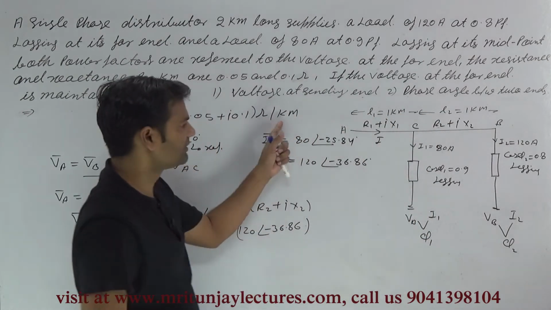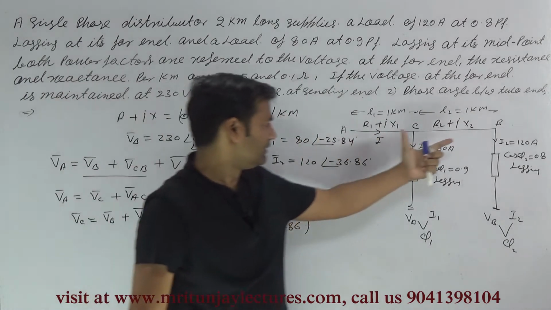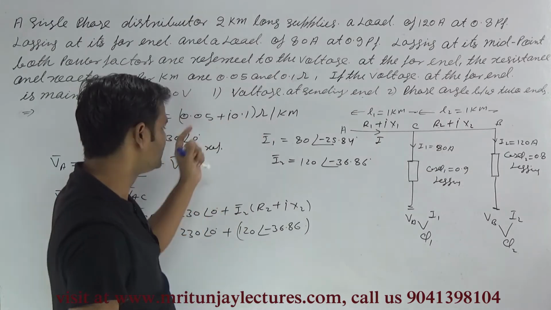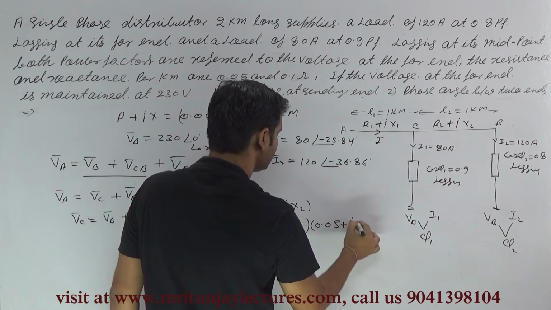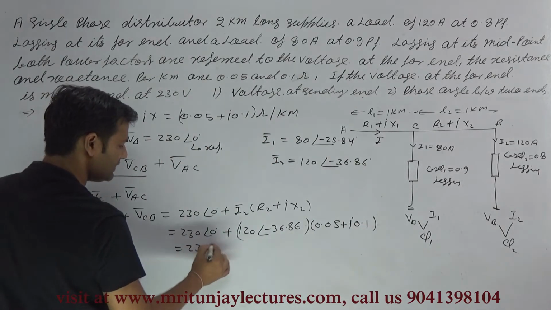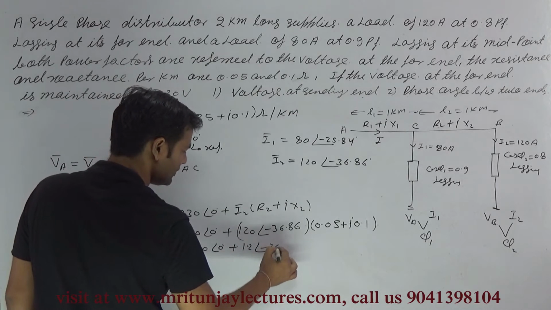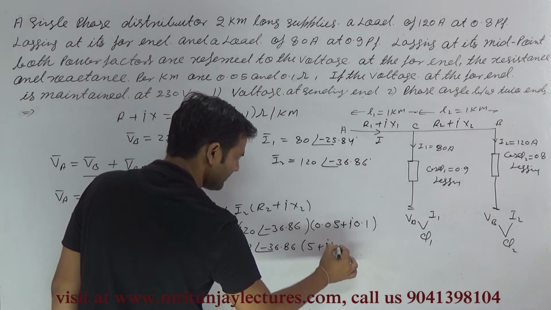This one is per kilometer, multiply by 1 kilometer, then the CB impedance is 0.05 plus j0.1.